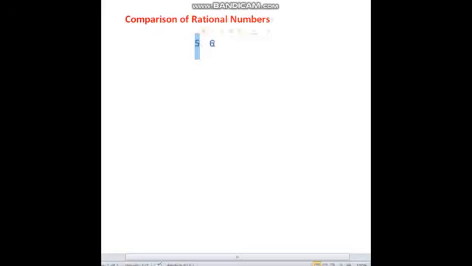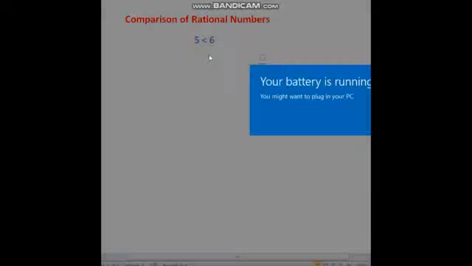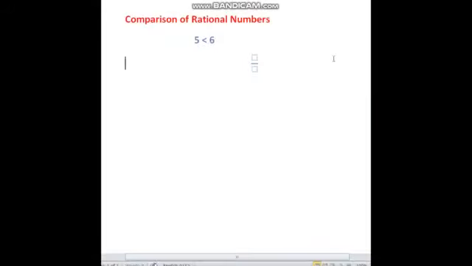So 5 will be greater or 6 will be greater. Here in this case 6 will be the greater number, so we can write like this. But in case of rational numbers, we have to check the numerator as well as the denominator of this rational number.